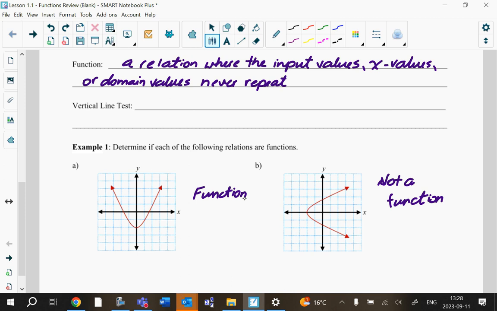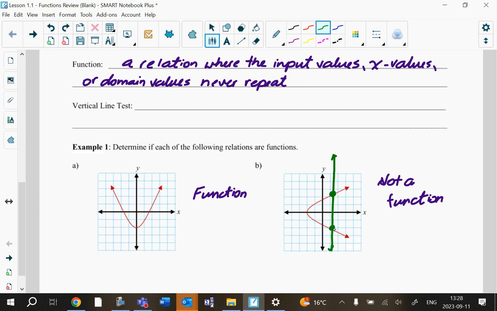A way to tell if an x value repeats is if you draw a vertical line and you hit more than one point. So if I drew a vertical line here, I hit this point and this point. That means that whatever this x value is, it happens twice.